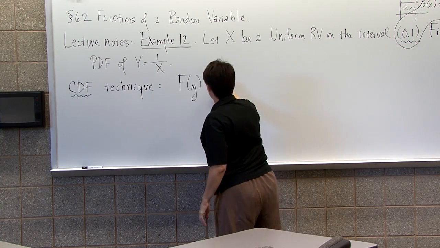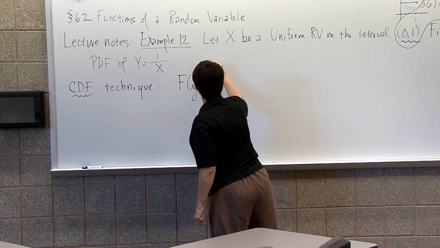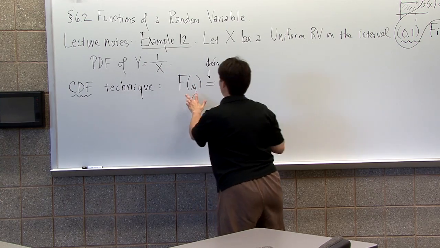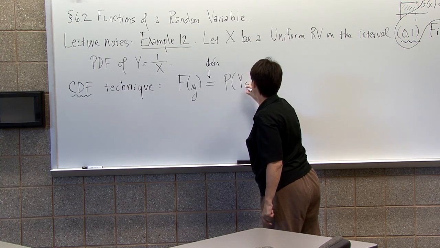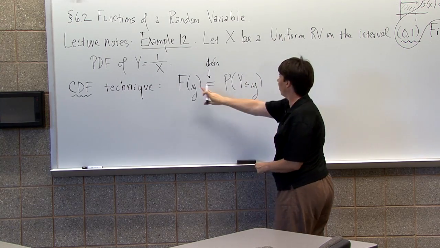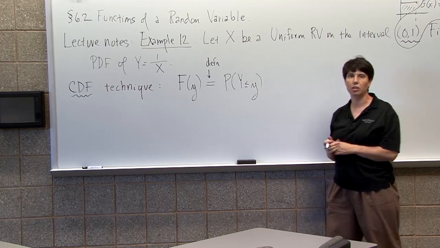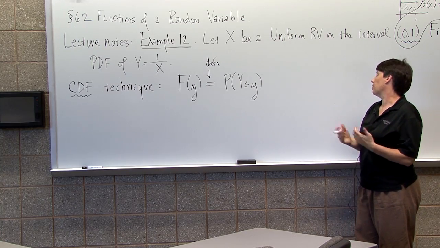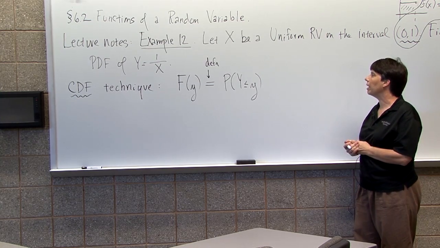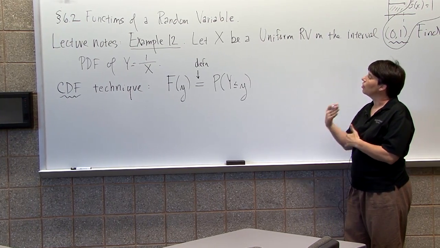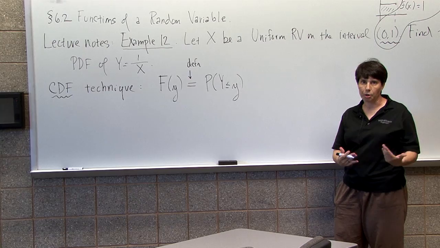And so by definition, I'm just reminding myself, capital F of y is just the probability that y is less than or equal to little y, the area under the curve up until little y. Okay, so now like I said, I'm kind of stuck. I don't have anywhere to go, but I do know things about x, so I want to get a probability statement in terms of x.